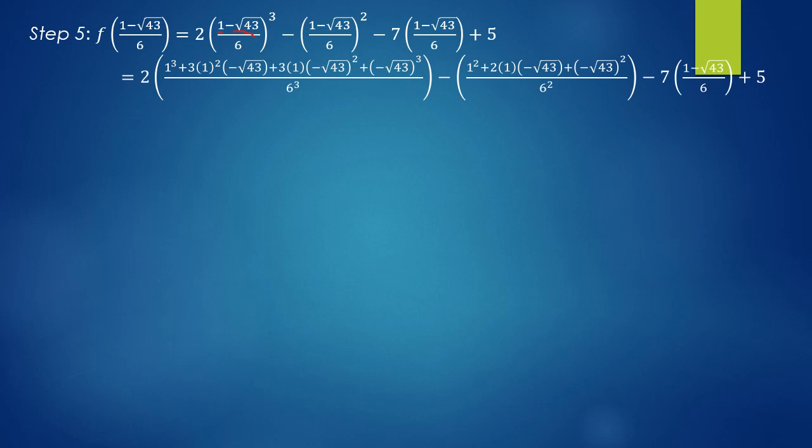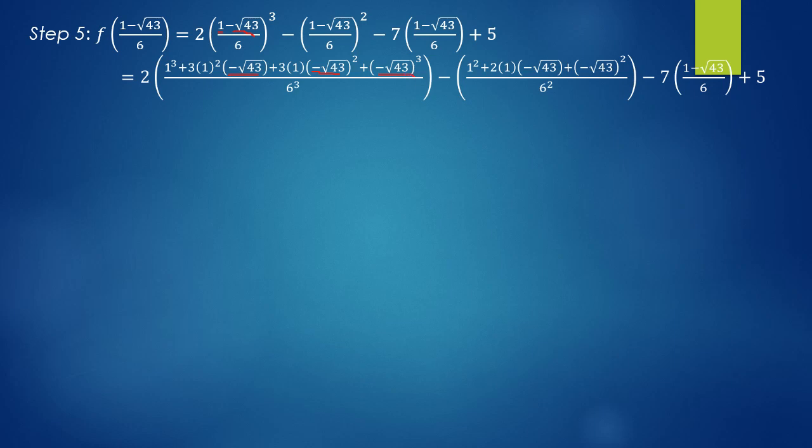So a cubed, that's 1 cubed, plus 3a squared b, plus, I'm sorry, 3ab squared, that's your b squared, plus b cubed.